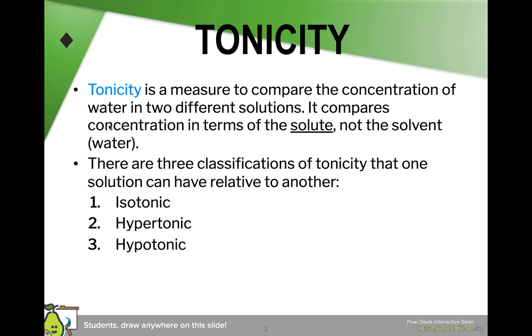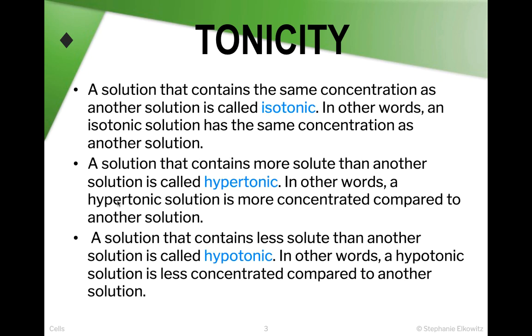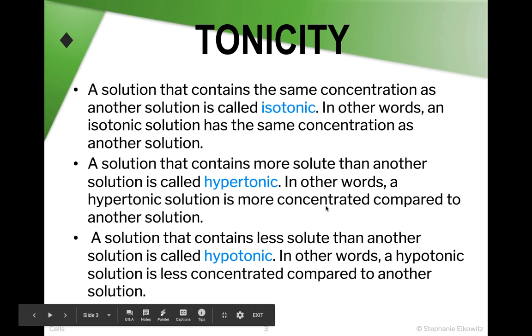The main point to focus on is that tonicity is measuring the concentration, so how much of the solute we have in a solution, not how much water or solvent there is in the solution. The three types, like I said, are isotonic, hypertonic, and hypotonic.